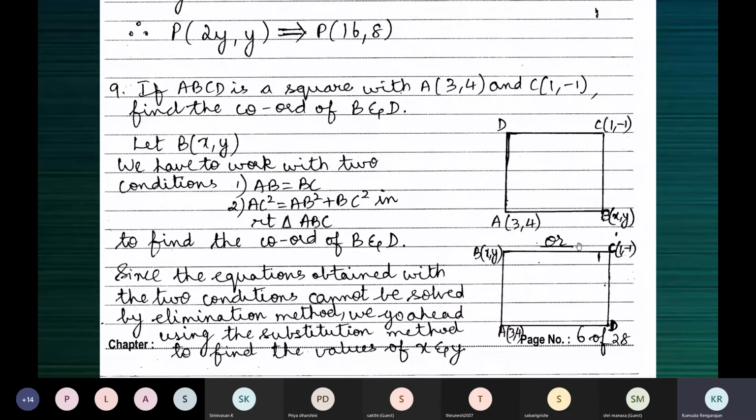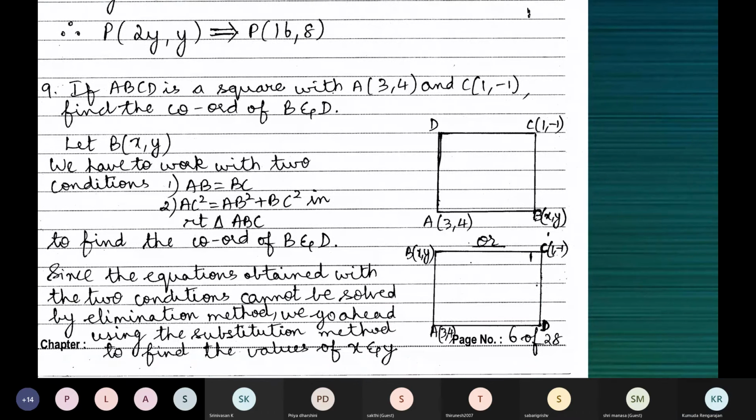So it can be like this. The square can be marked A, B, C, D like this, or it can be A, B, C, D like this. That is, the vertices B and D are opposite vertices. B can be here, or it can be here.